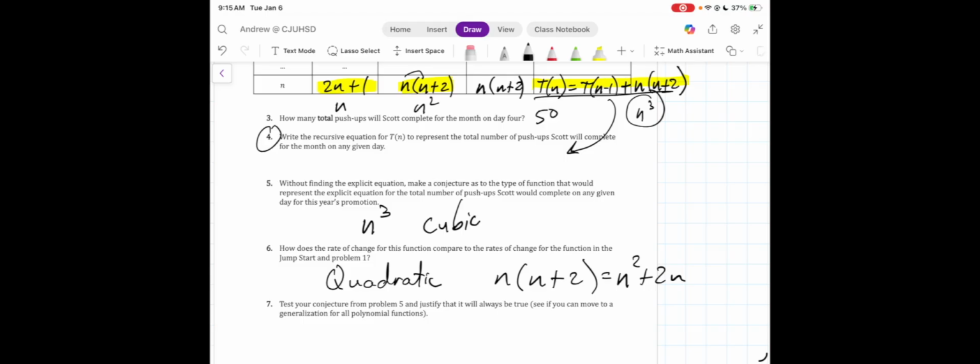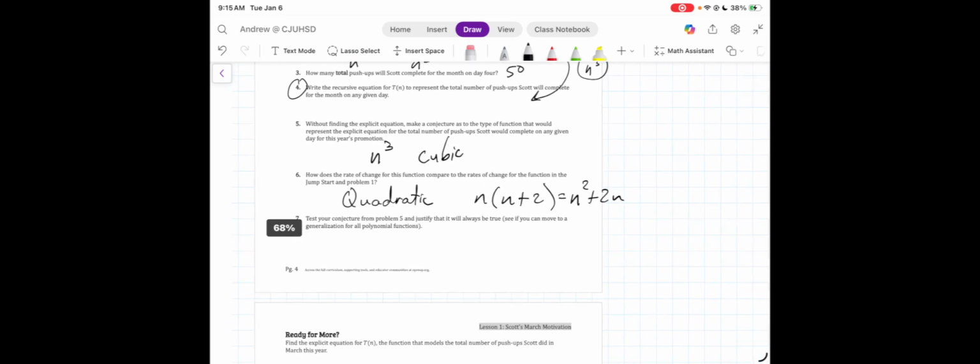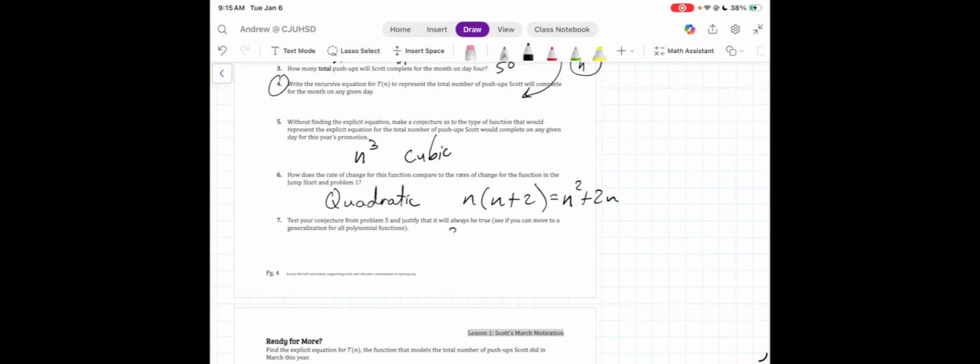So you can do this, for example, by looking at differences between the numbers. 3, 11, 26, 50, 85.